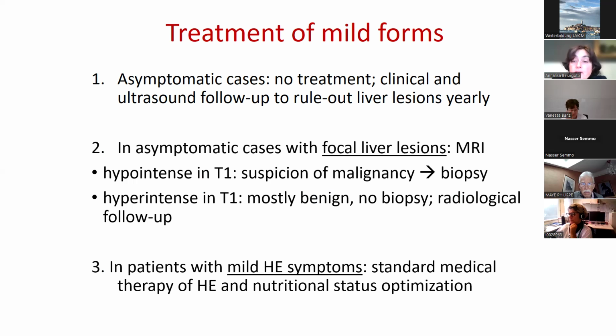And in focal liver lesions, we should go on, as we do also in cirrhosis, knowing, however, that the absence of a portal venous flow modifies the aspect on the different phases of magnetic resonance. And so here, what is important is whether there is a T1 hypointensity in MRI, and if the lesion has this aspect, there is already a suspicion of malignancy, and these lesions require liver biopsy.